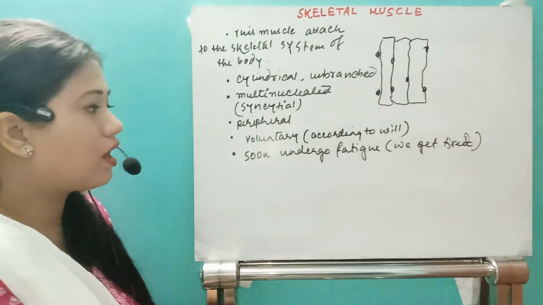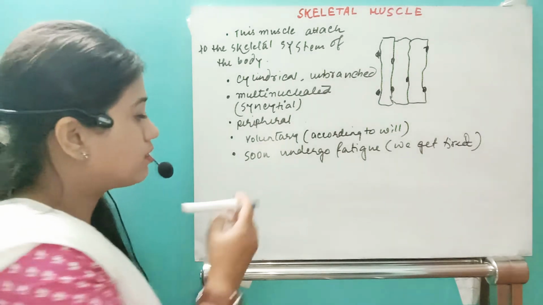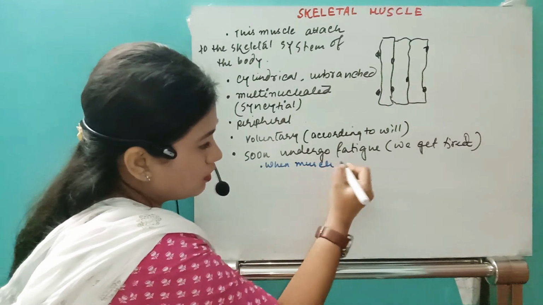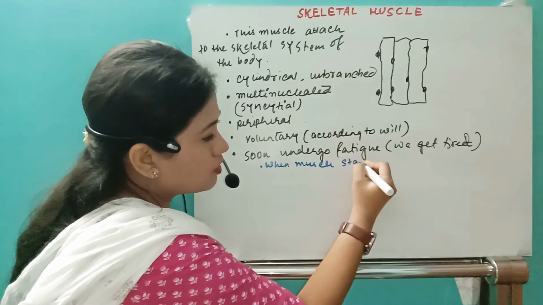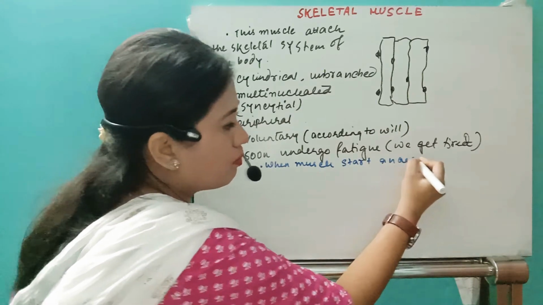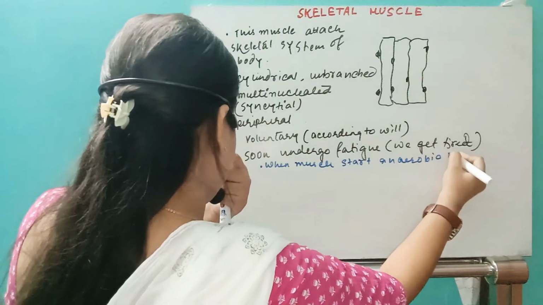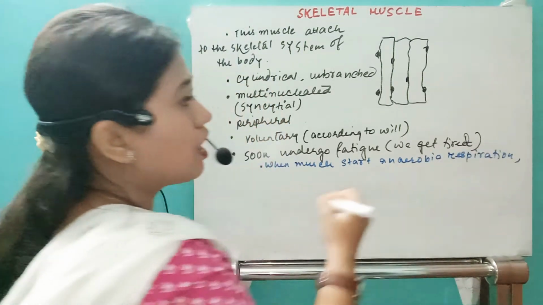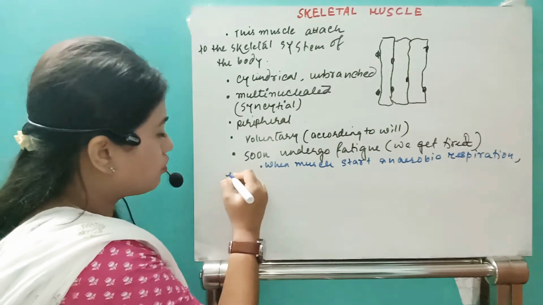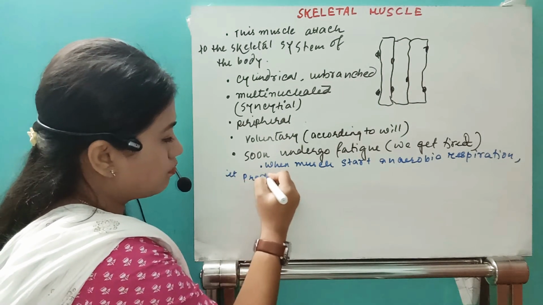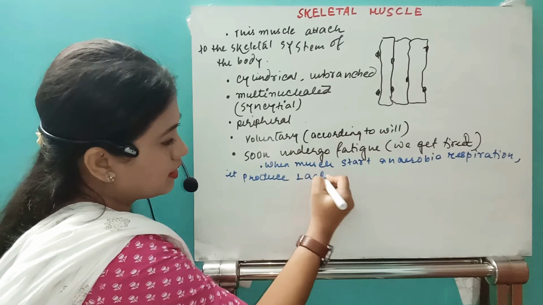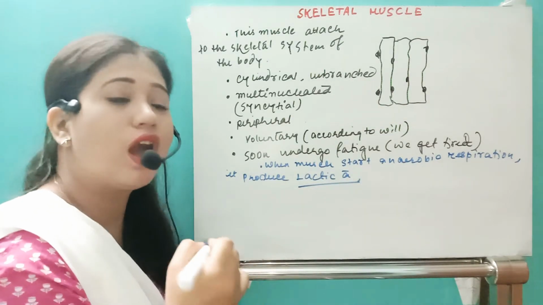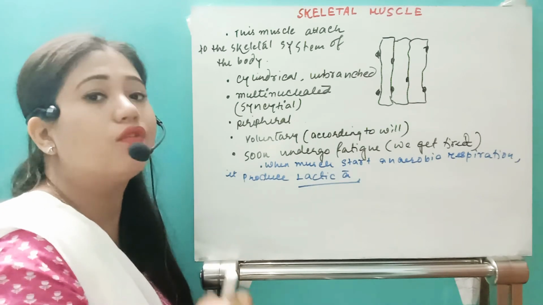Why do we soon undergo fatigue? The reason is that when muscle starts anaerobic respiration, it produces lactic acid, and due to this lactic acid deposition, our muscle starts to fatigue.